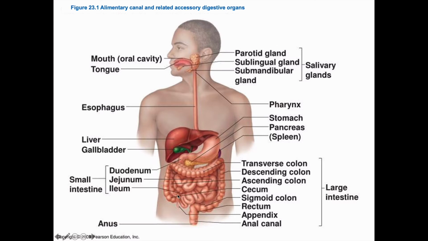In the cecum, the ileum joins, which is called the ileocecal junction or ileocecal valve. Then it continues as the ascending colon, transverse colon, descending colon, sigmoid colon, and the rectum and anus. This is the large intestine, which is 1.5 meters. This is what we are going to study today.